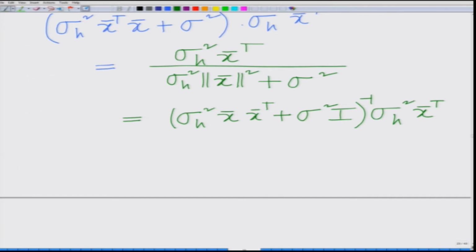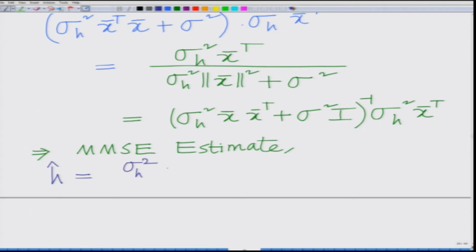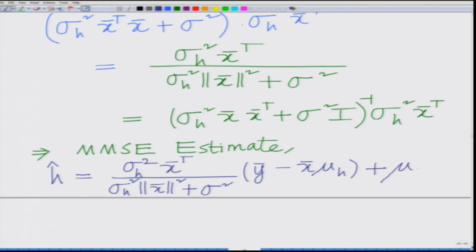And therefore, the MMSE estimate we have is h hat equals sigma h square x bar transpose divided by sigma h square norm x bar square plus sigma square, times y bar minus x bar mu of h, plus mu of h.